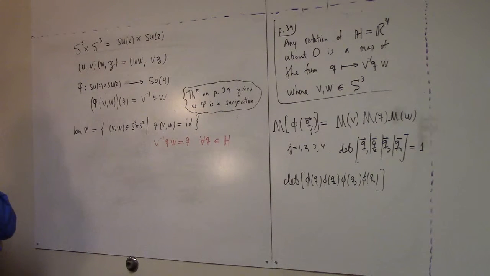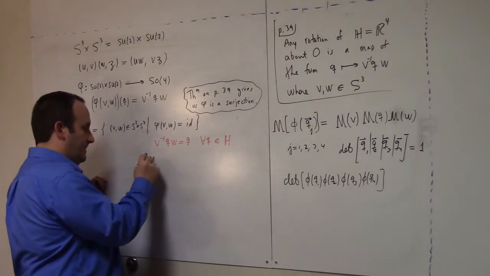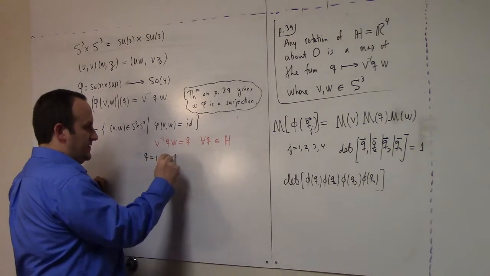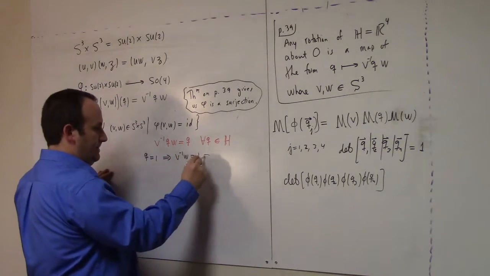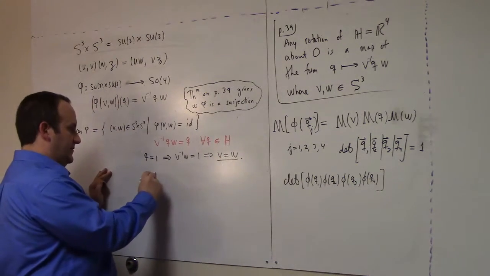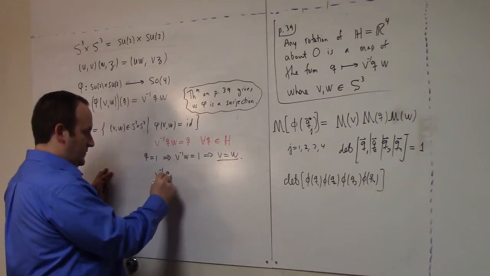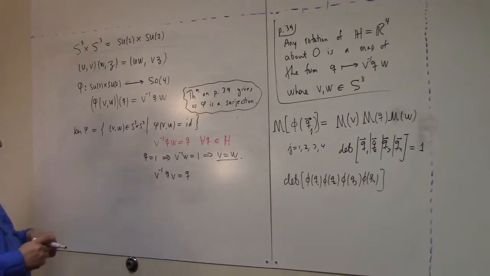Choose Q equals 1. Put Q equals 1. What's that tell us? That tells us V inverse W is 1, which tells us V equals W. All right, now we go back. We've got V inverse QV is equal to Q again for all Q. So what does that tell us?